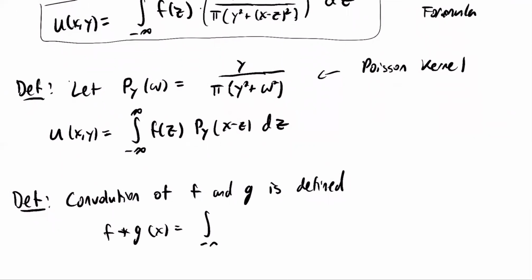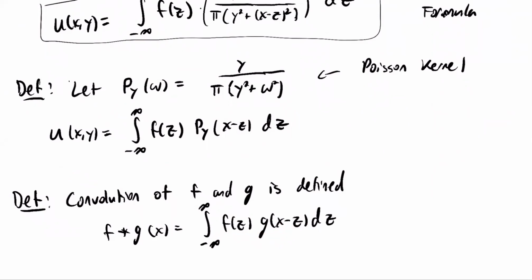This is the integral from -infinity to infinity of f of z times g of x minus z dz. One way to think about this is like a weighted average of f near the point x. So maybe g is concentrated near the point x, for example, or maybe it's not. And so you're weighting f by this near x.